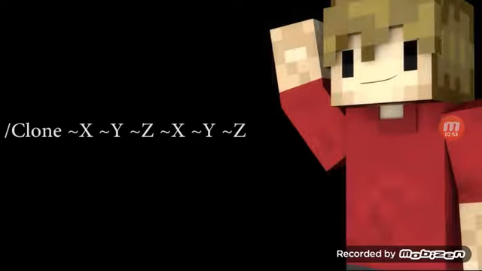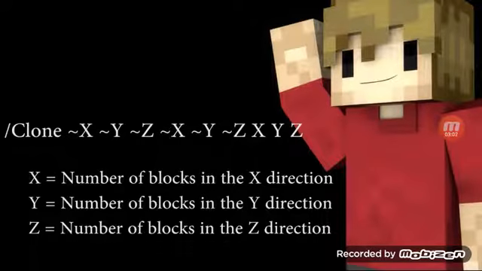And obviously those Xs, Ys, and Zs all represent a number, more specifically, the direction of the coordinate you need to go in. Okay, so the first XYZ represents the block that we want to select with the command block to highlight the area that we want to clone.